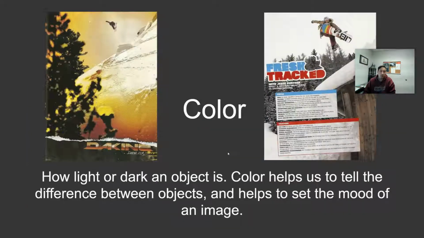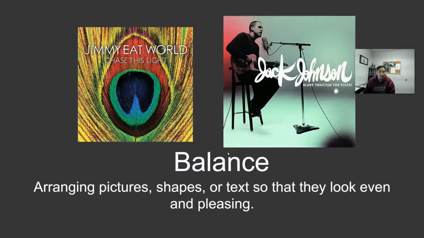So the first principle that we have defined is balance. Arranging pictures, shapes, or text so that they look even and pleasing. So there's asymmetric balance and there's symmetric balance. And basically you're looking at what is repeated perfectly on one side to the other? Or is there a little bit of variety?